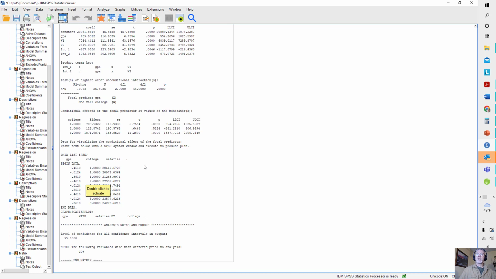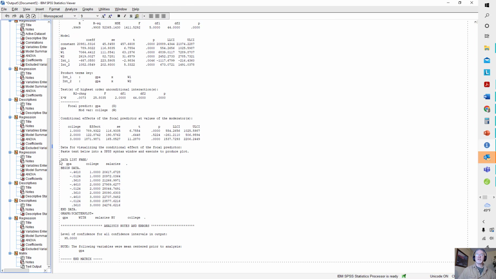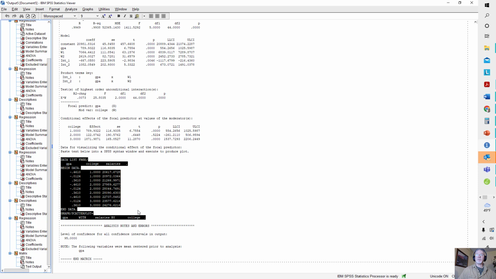And then finally, what's super cool is that it gives you a code for being able to generate the plots. So you double click so that you can get inside here. Go ahead and copy this little program. It's written its own SPSS program, is the nature of that code.